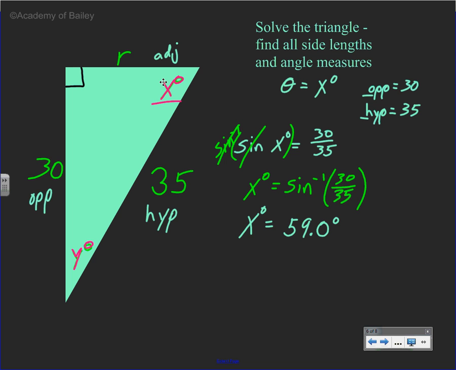Okay. So now if x is equal to 59.0 degrees, we know y is going to be equal to 90 minus 59, which should be 31.0 degrees.